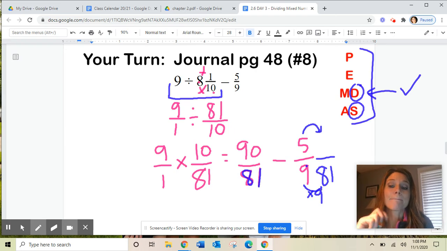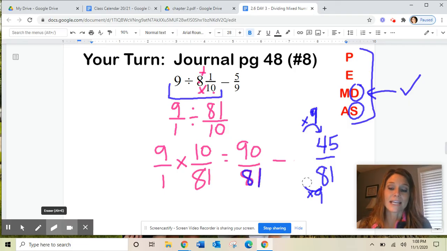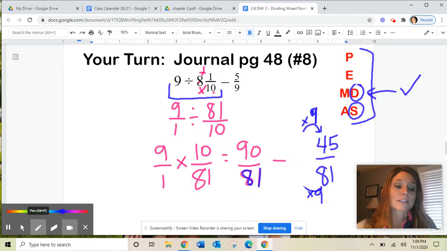So if I grow my bottom times 9, I have to grow my top times 9 as well. What we do to one value of a fraction, we do to the other to keep it equal. 5 times 9 is 45. So I'm not thinking about this 5/9 anymore. I'm calling it 45/81, which are equal in value. They just look a little different.